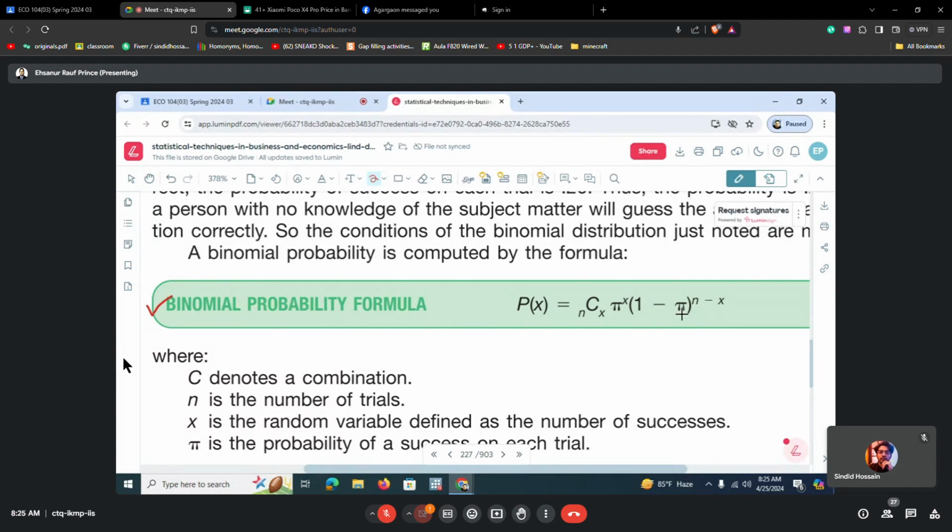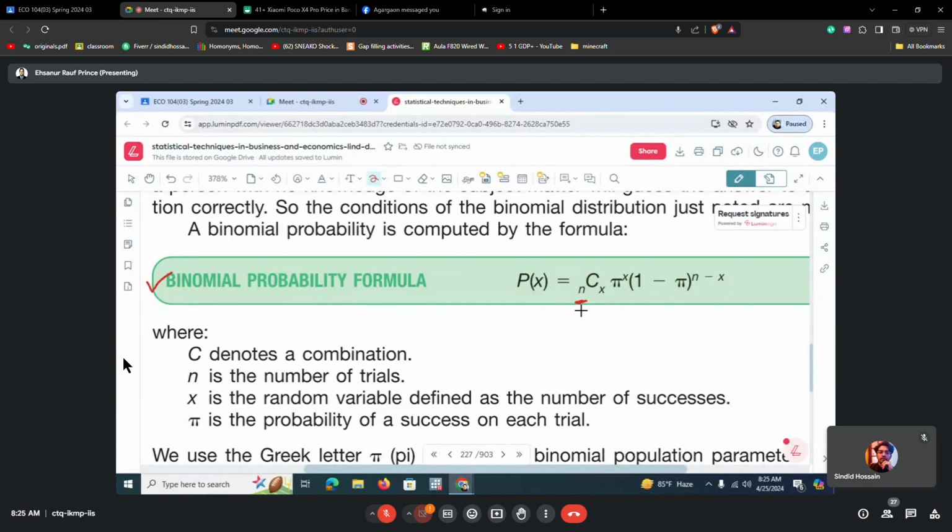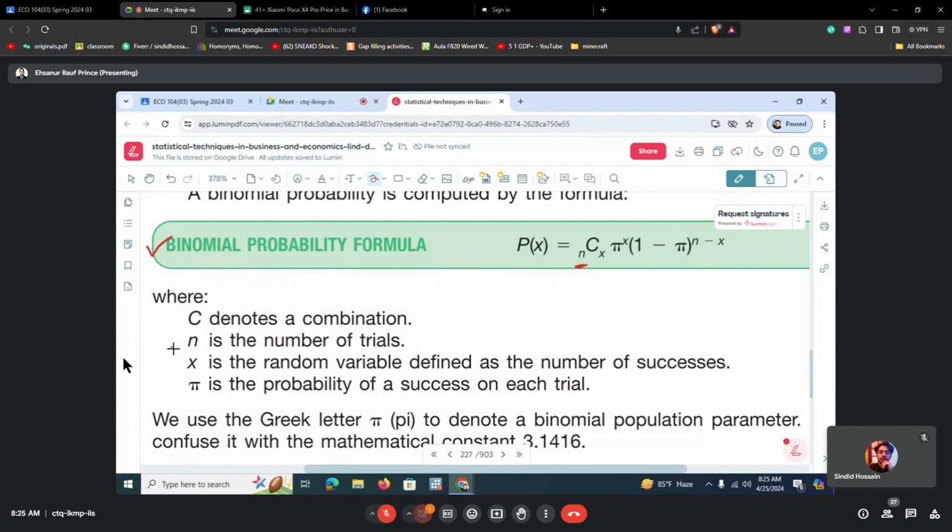So you see n here. We covered the topic permutation and combination. N means the total number of trials, or simply the number of trials. If you don't know this, you can write it down. N is the number of trials. What is x? X means the random variable defined as the number of successes. Please write this because this is something new you have found here for the case of binomial.